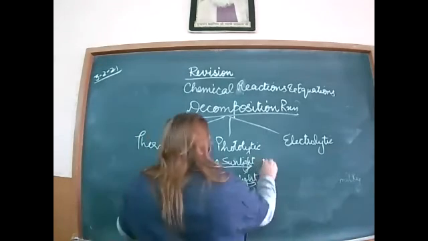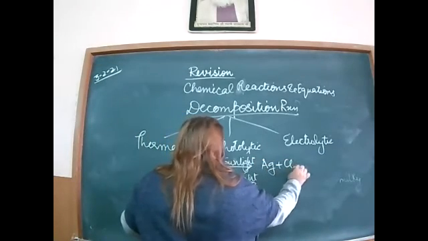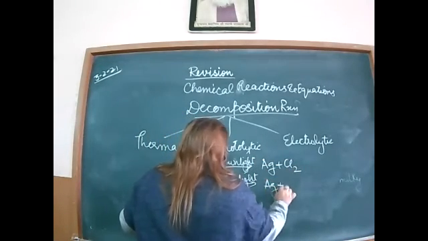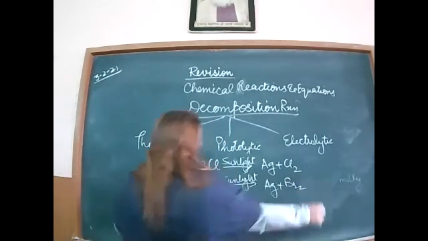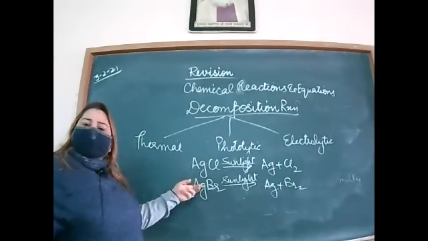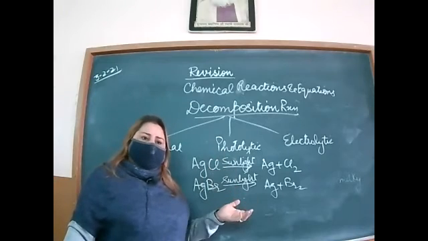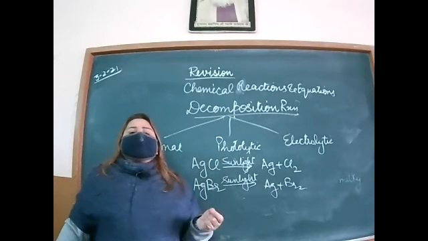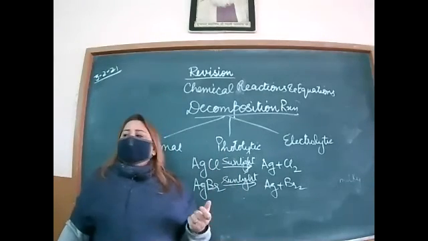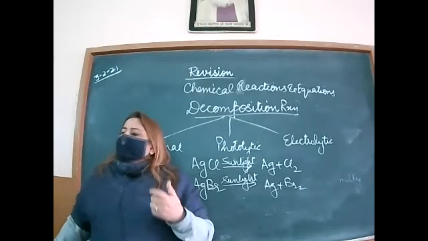It will give rise to Ag plus Cl2. Both equations we had written come under the photolytic decomposition, and these are used in black and white photography.